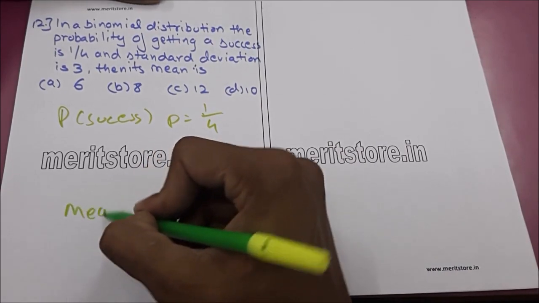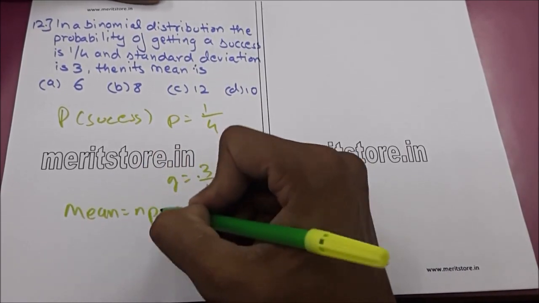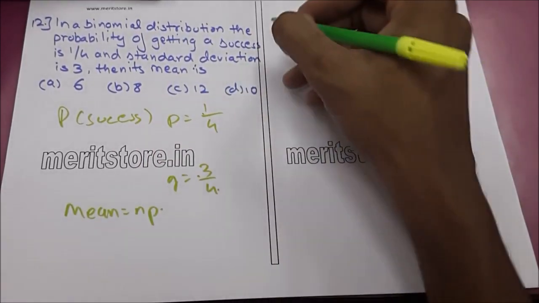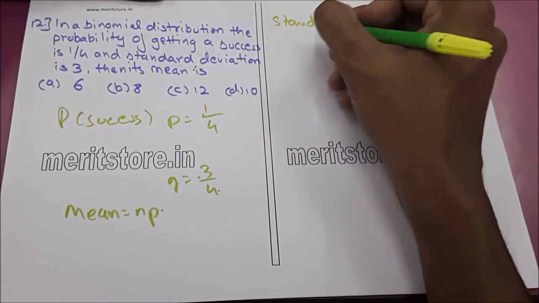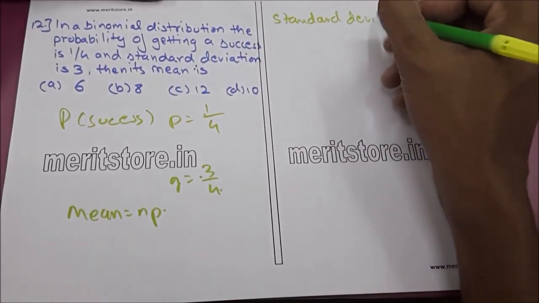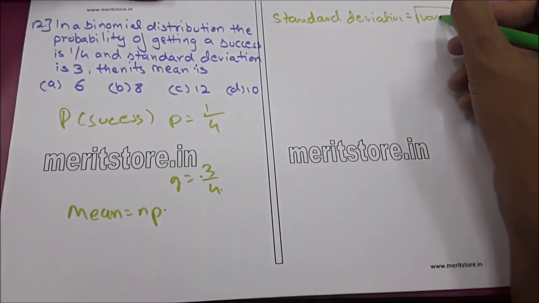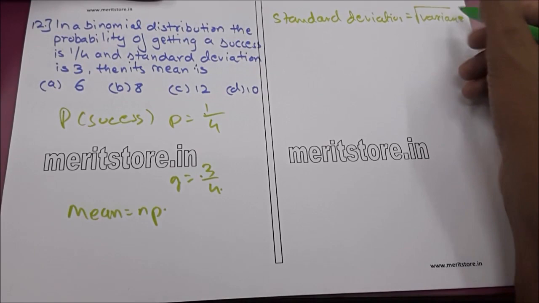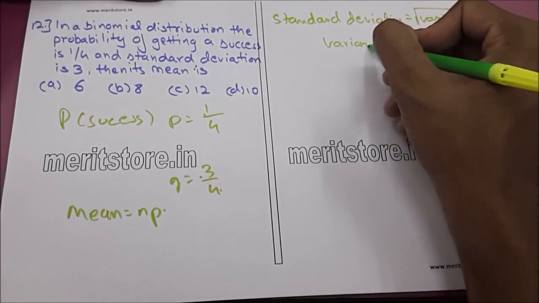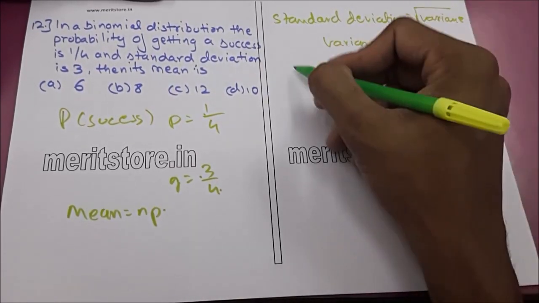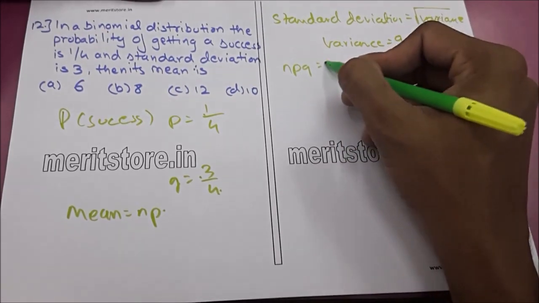Mean is given as N into P. The standard deviation is equal to under root of variance, that is variance is equal to 9. So NPQ is equal to 9.